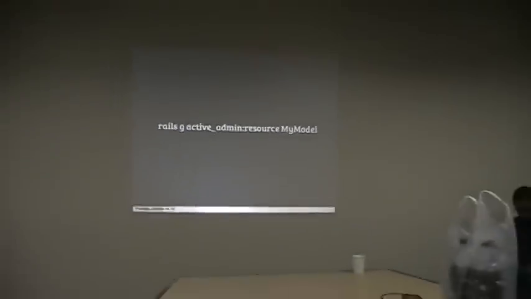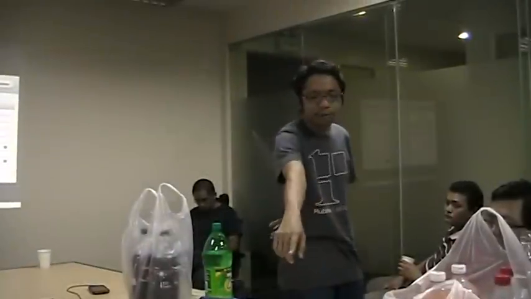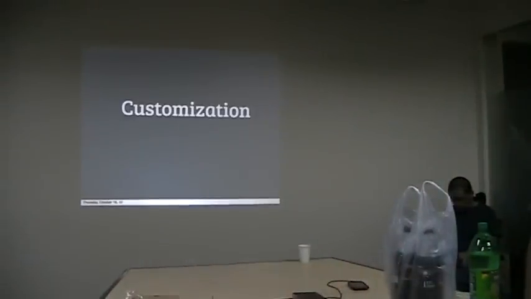This thing will be accessible. So monsters is the name of the model. So /admin/monsters. You'll get this page. It's funny. And the nice thing is you can customize it. So it's pretty out of the box, but customizable.